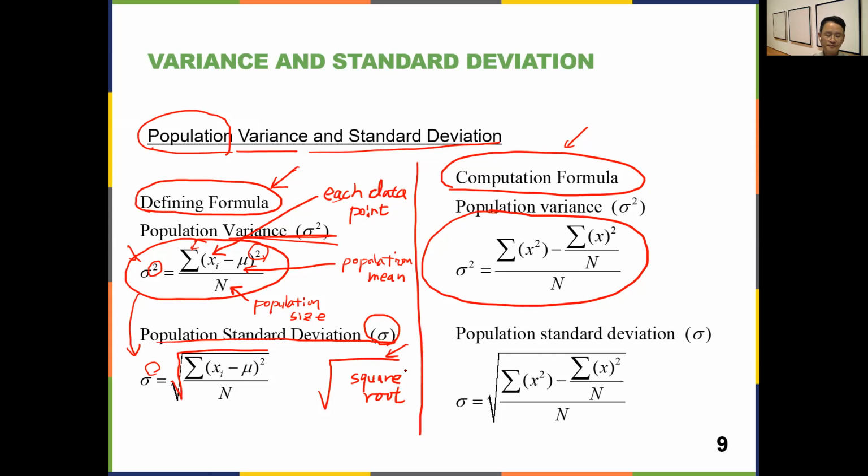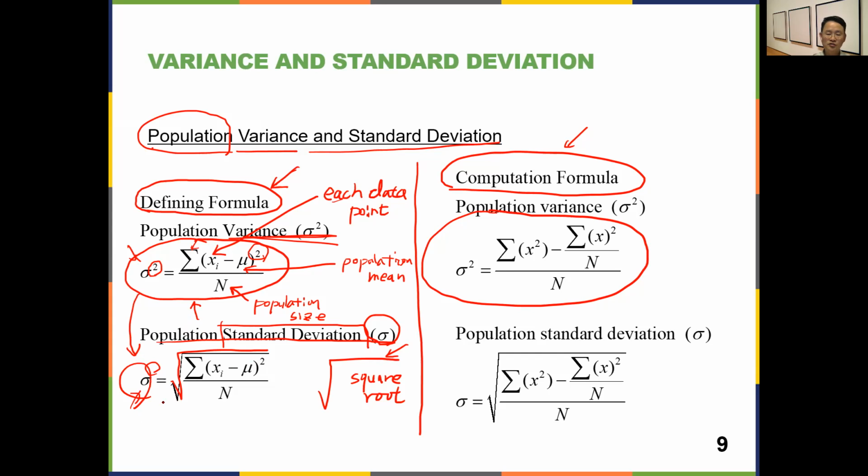It's like the reverse way of squaring. That's what this is, square root. It reverses the squaring effect, right? So if you want to figure out the standard deviation, you need to figure out the variance first, and then take the square root of that variance value, then you will get the standard deviation value.